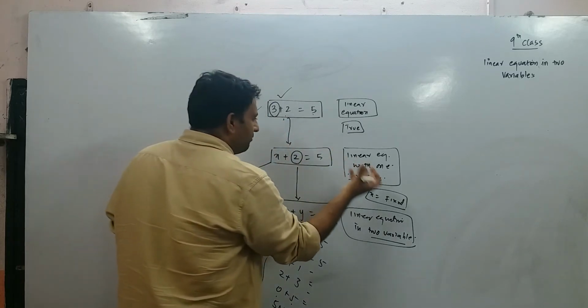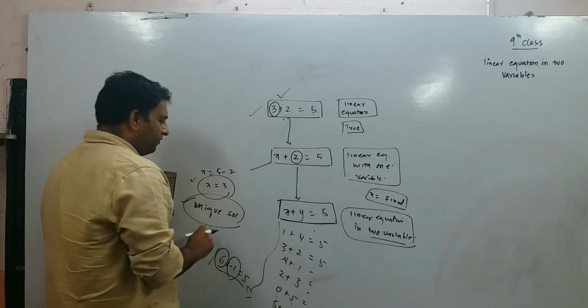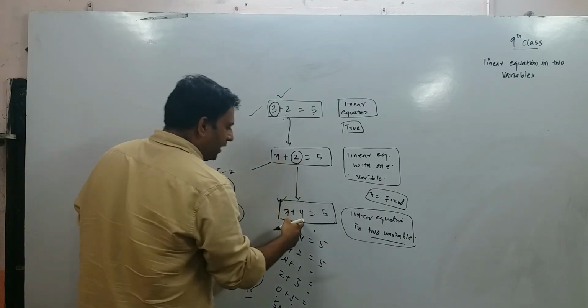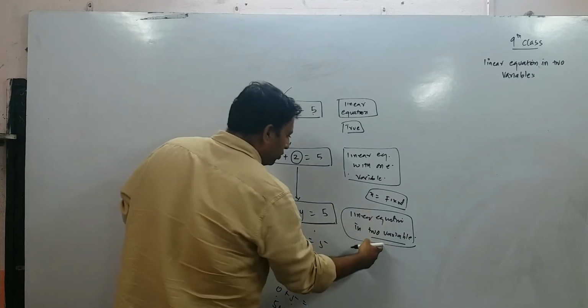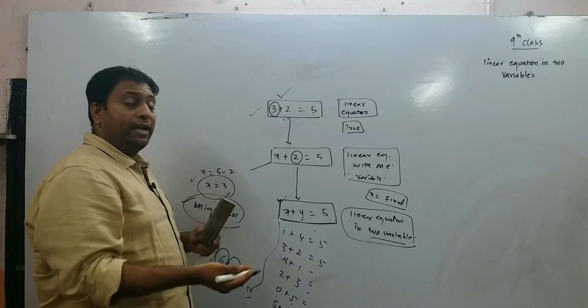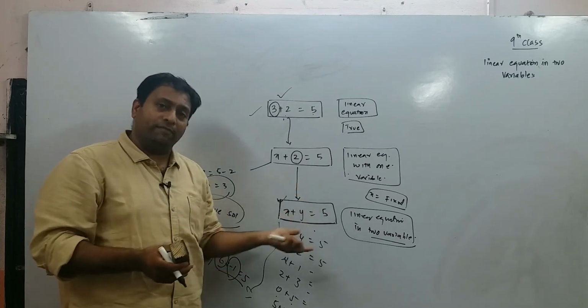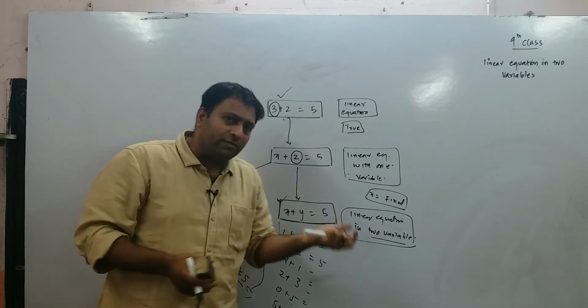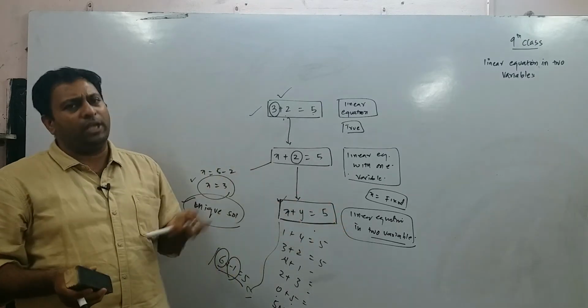When you speak about a variable, only one value of x will satisfy this equation. And when we replace these two numbers with two variables, I get a linear equation in two variables, which will have infinite solutions. Solutions are nothing but the values of the variables which satisfy the given equation.